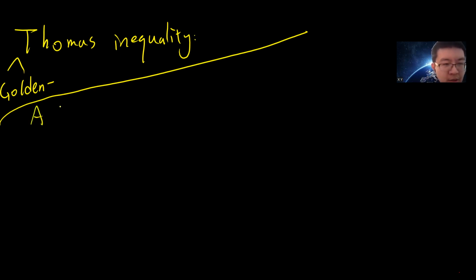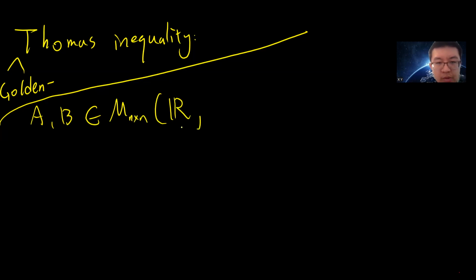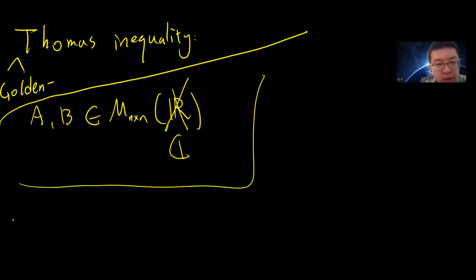Okay, so setting, basically let's focus on A, B being Hermitian matrices. So n by n Hermitian matrices with real coefficients. So basically you can say that A, B are basically symmetric. And maybe in this case complex is fine. But let's focus on when A, B are particularly real n by n matrices.